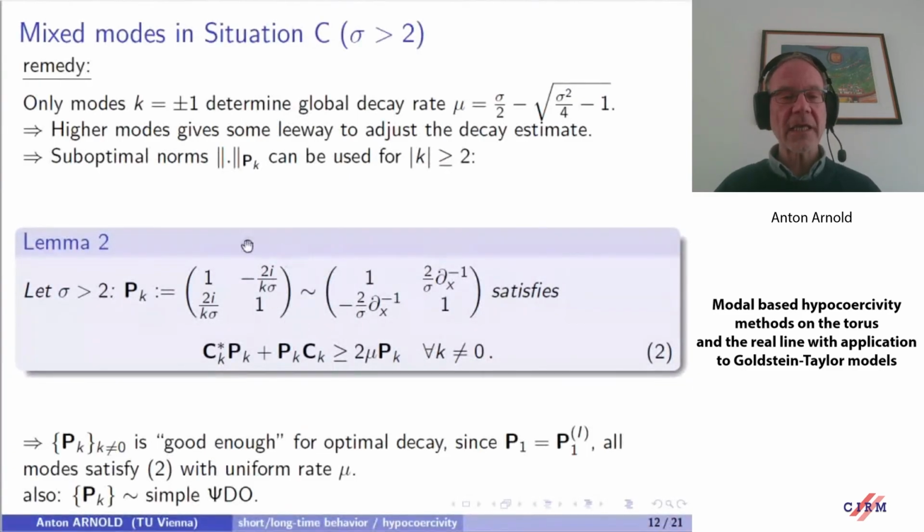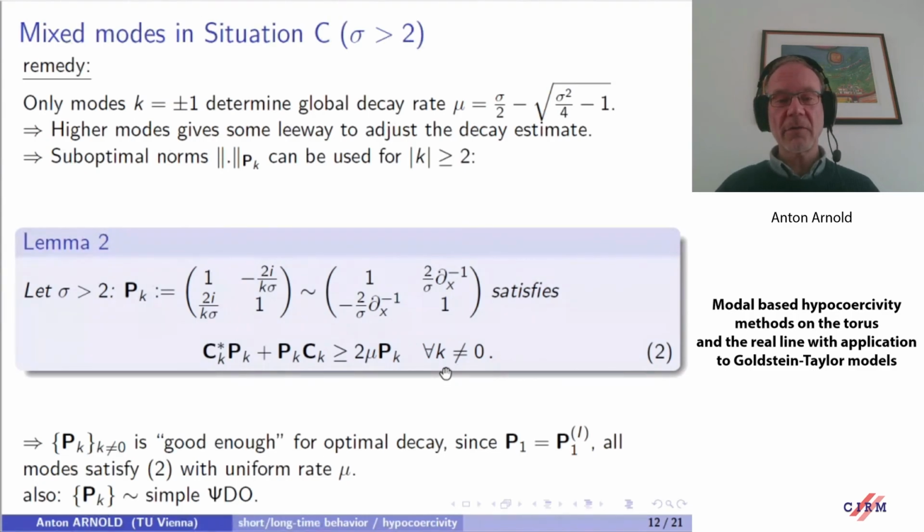And again, this matrix family can be interpreted as a pseudo-differential operator in this form. And the essential feature is, on the matrix level, it satisfies this Lyapunov matrix inequality for all modes k.